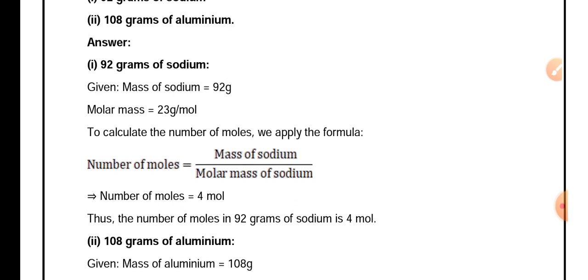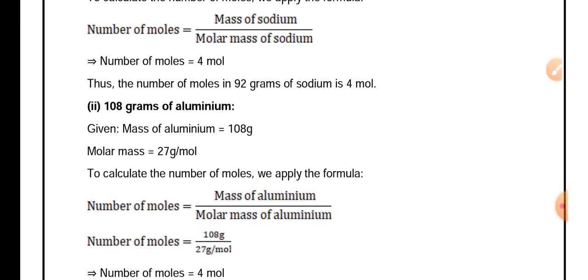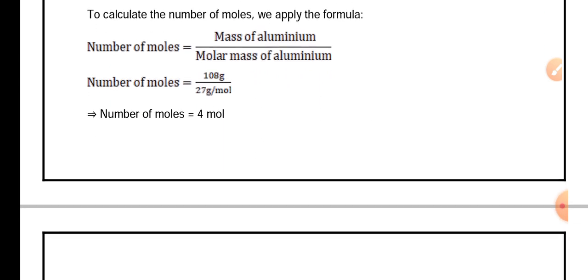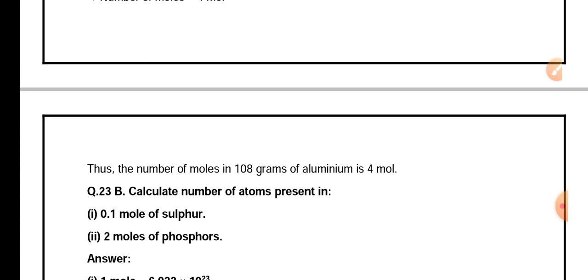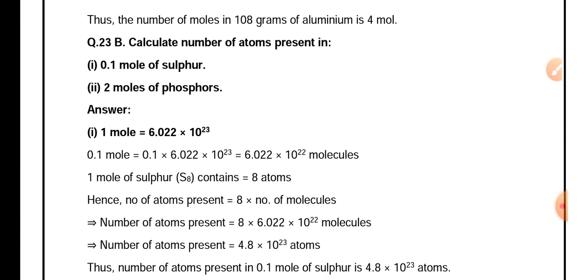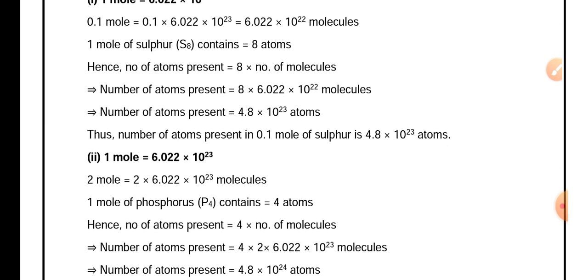See, the mass of sodium and molar mass of sodium. Here the mass of aluminium and molar mass of aluminium. Then calculate the number of atoms present. Here 1 mole contains this much, and how much you want to find.